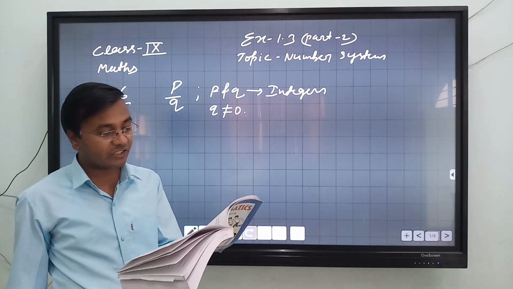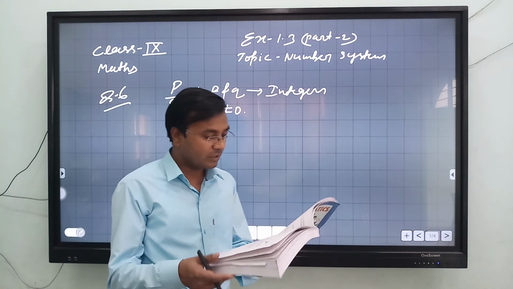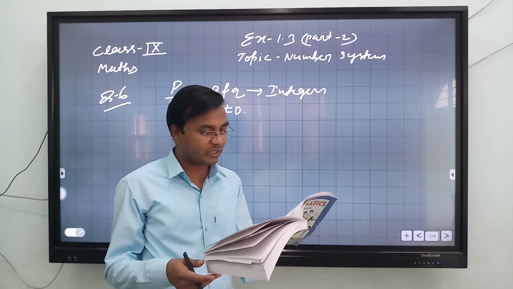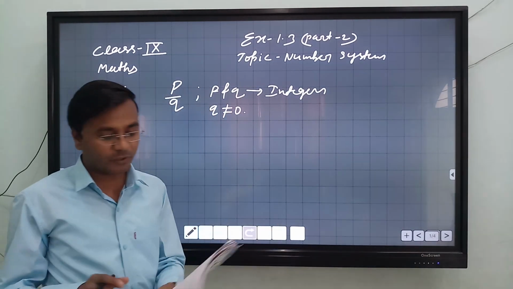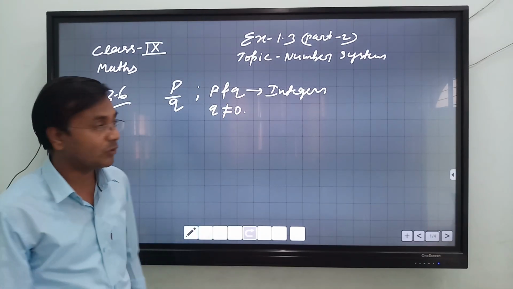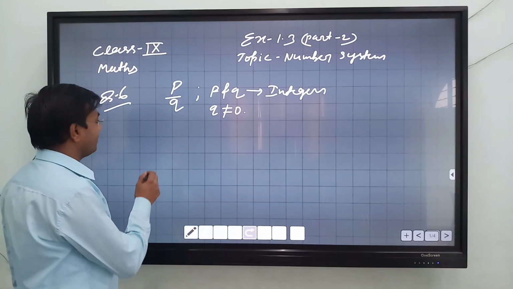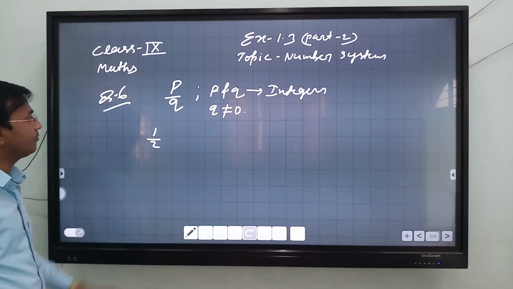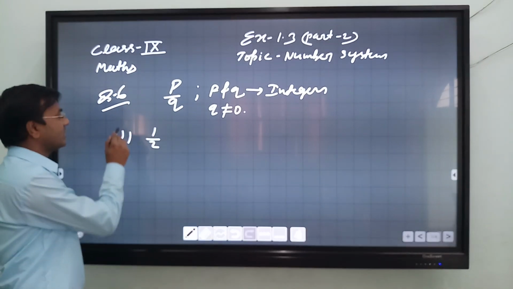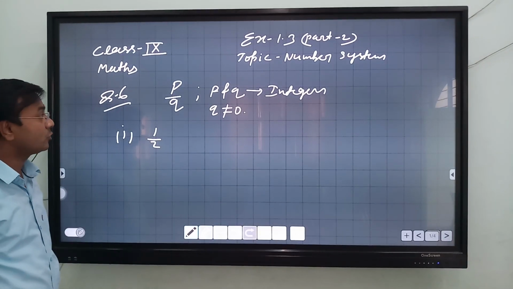And having terminating decimal representation. So can you guess what property q must satisfy? We have to write fractions that are of terminating decimal type. So I am considering some fractions. Consider p by q as the first example, 1 by 2.